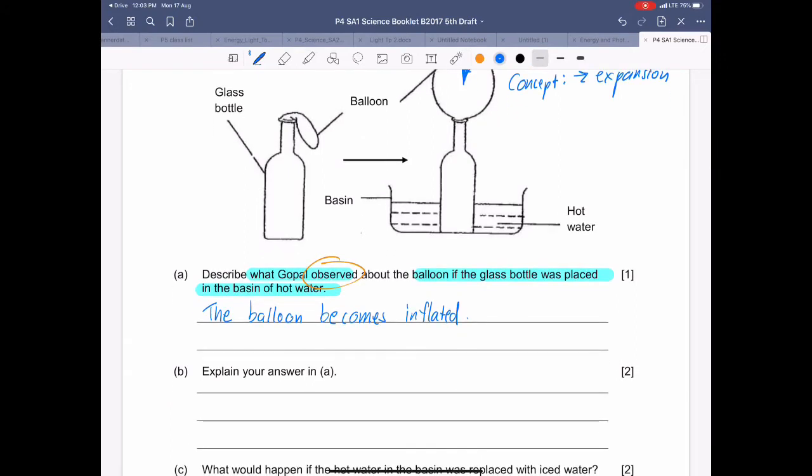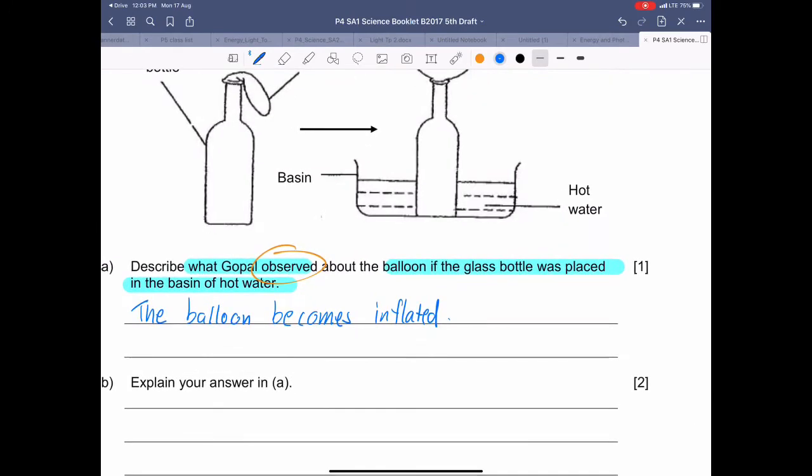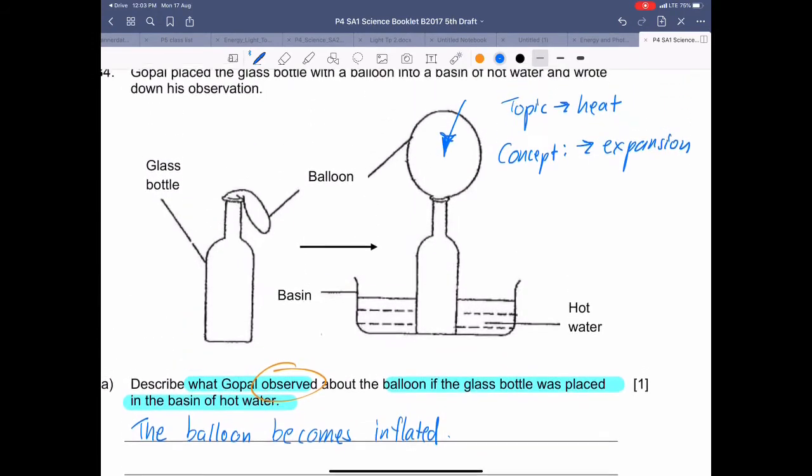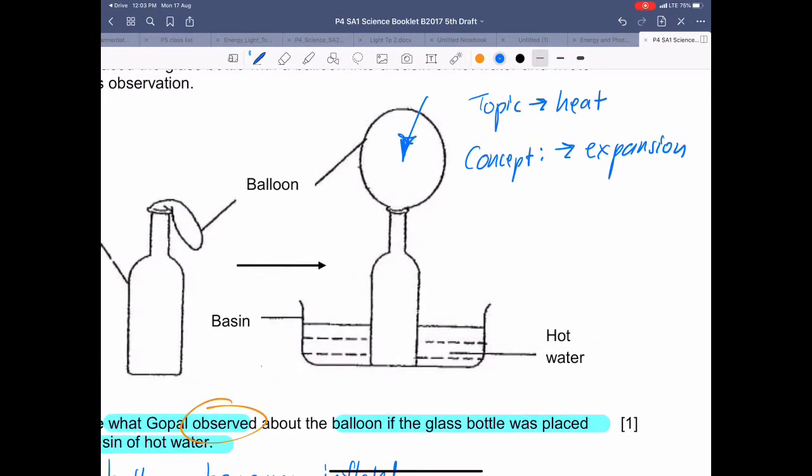Yes, then they ask you to explain. Now, the part that most students make a mistake is that they straight away say something like, oh, the bottle gained heat and expanded. But it is not the bottle that expanded. It's the balloon that expanded. Yes, but also no. Now, you first need to identify whenever doing heat, which is the hotter region.